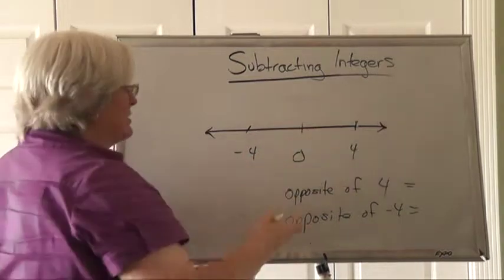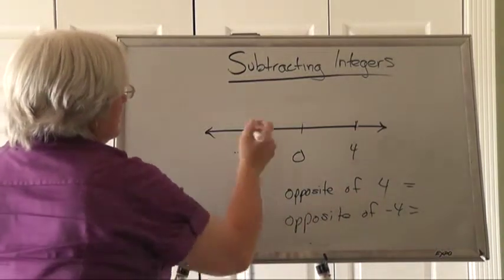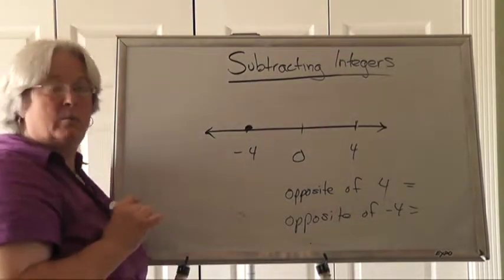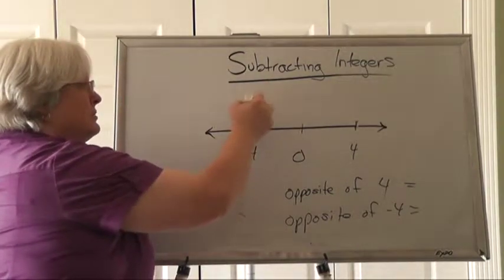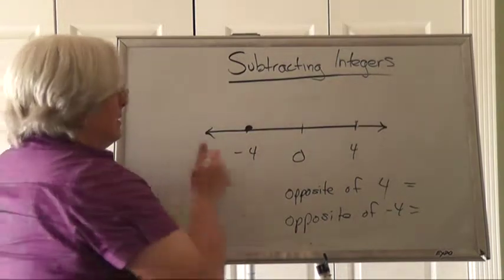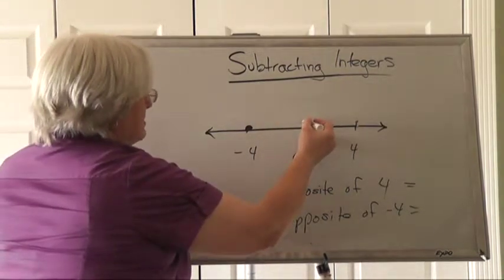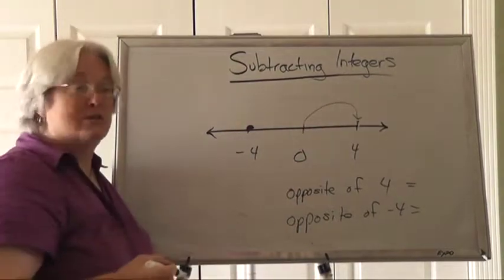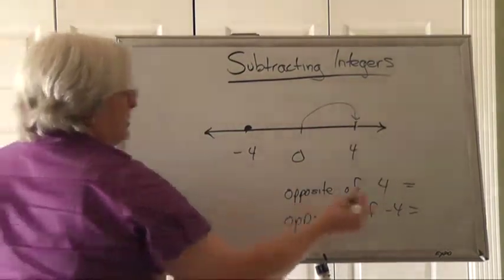the opposite direction. So if we're starting with a negative 4, we've gone 4 units to the left of 0 on the number line. Well, the same distance from 0 in the opposite direction would give us a positive 4.